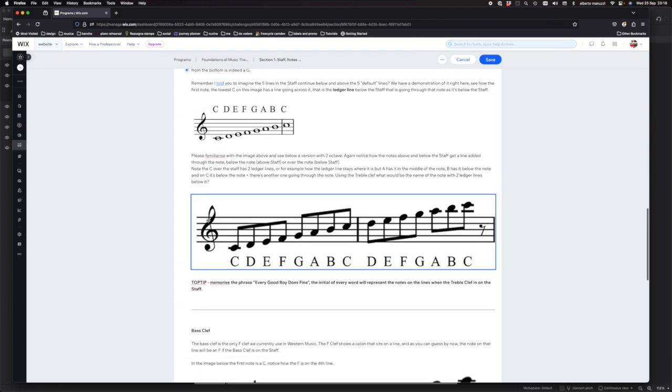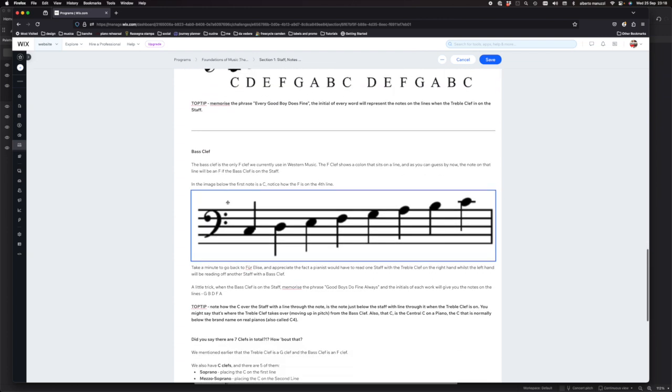Okay, here we go. This is the same thing over 2 octaves. An octave is the distance between 2 notes with the same name, so C to C to C, right? And we are going, in this case, up.